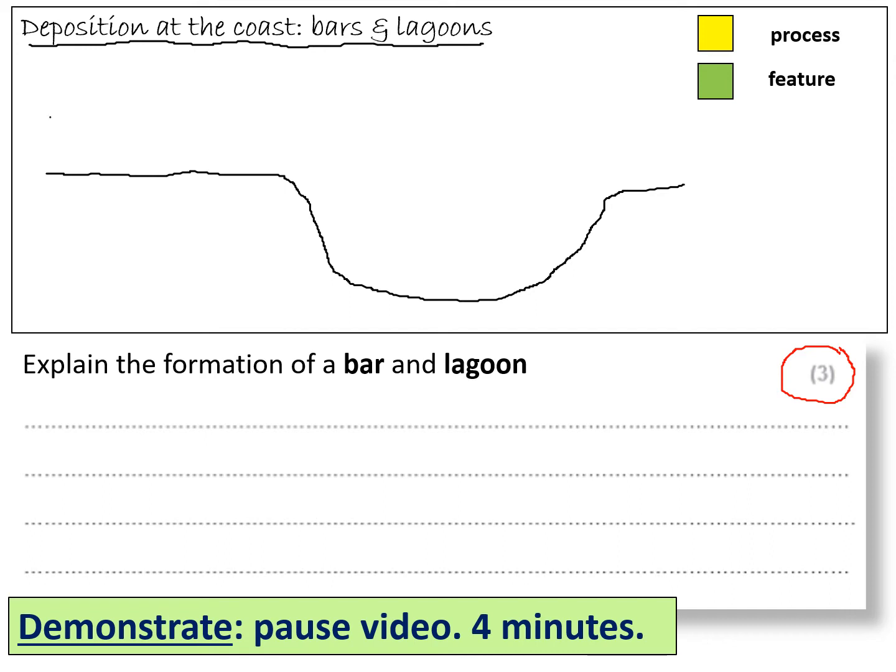So the first thing that happens is we have a process. We have longshore drift. Now you don't need to explain it, because really the focus of this question is about a bar and a lagoon, and you just don't need to go into detail about longshore drift. We know that longshore drift is moving sediment along the coast.